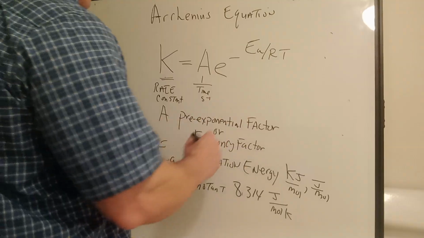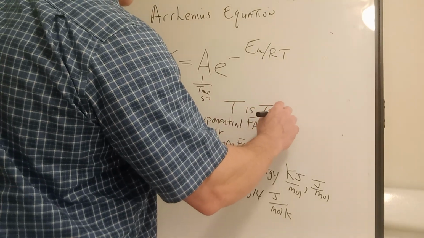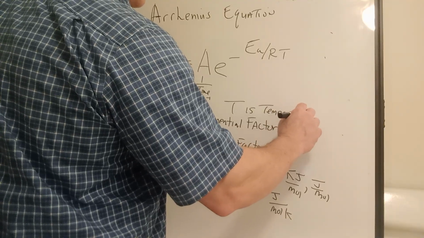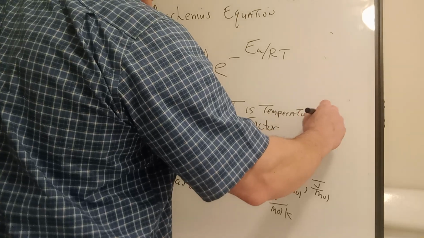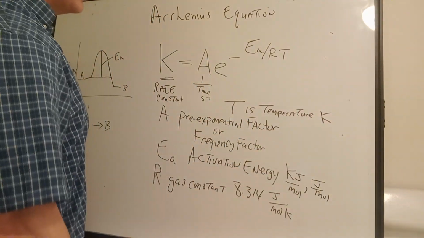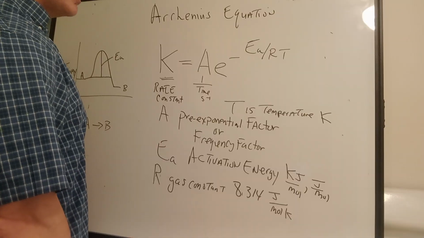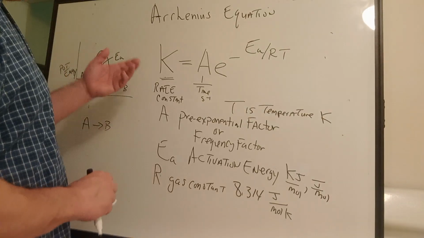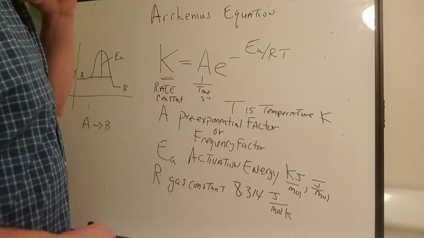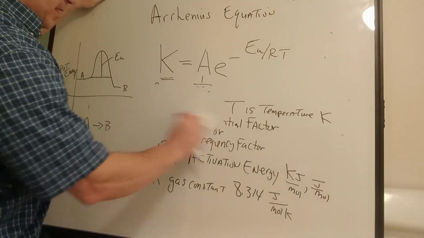And T is temperature, and that will be in units of Kelvin. Another K, but we have a certain number of symbols we use over and over, and K's tend to be a big one in this course. So this is called the Arrhenius Equation, and this will be the way I have it set up for a first order process.